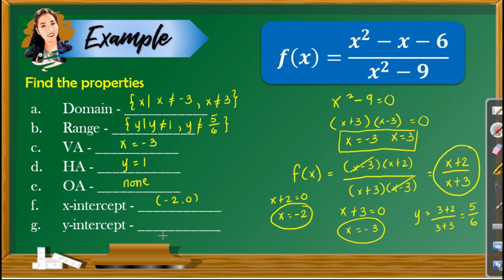How about the y-intercept? For the y-intercept, we need to let x be equal to 0. So we have y equals 0 plus 2 over 0 plus 3, which gives us 2/3. Therefore, the y-intercept is the ordered pair 0, 2/3.